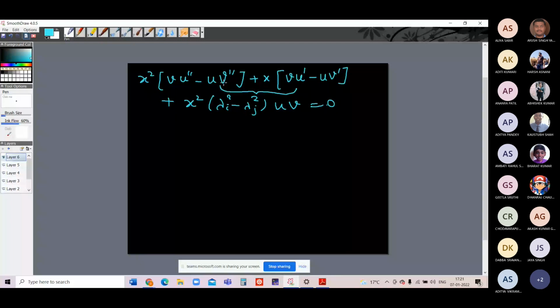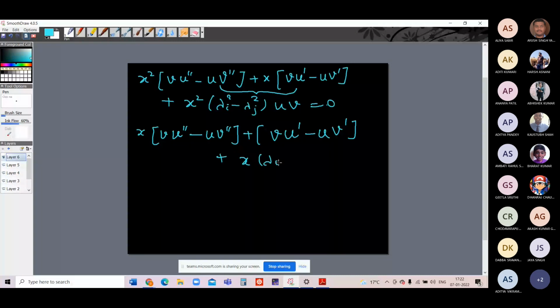First of all, we are dividing this whole equation by x, so we will get x v u double dash minus u v double dash plus v u dash minus u v dash plus x times (lambda I square minus lambda j square) u v is equal to 0.